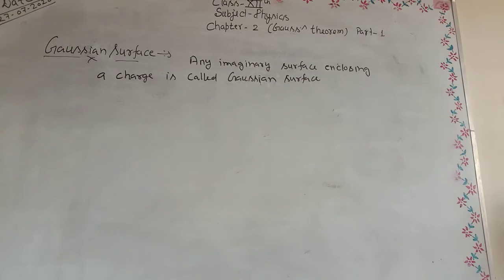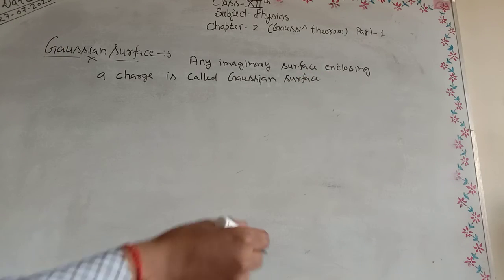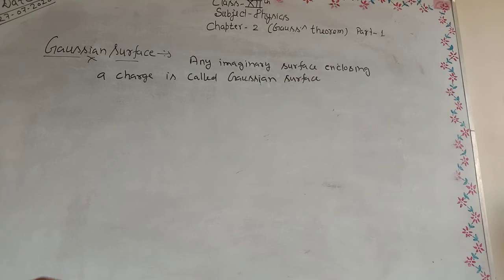Okay students, an imaginary surface in the electric field enclosing a charge is called the Gaussian surface.